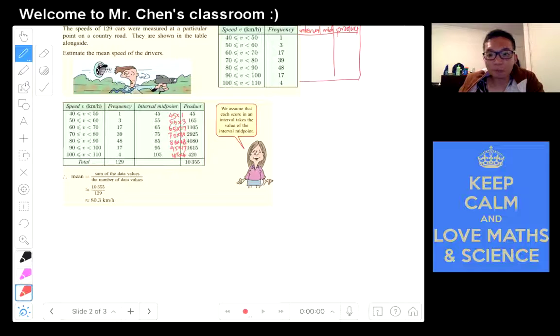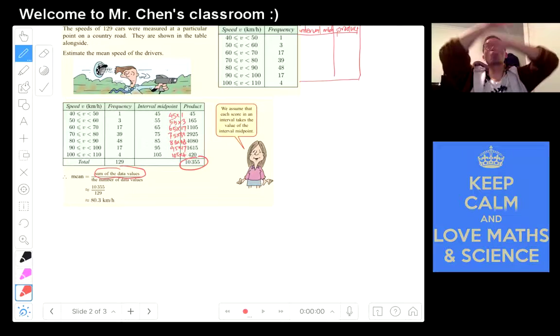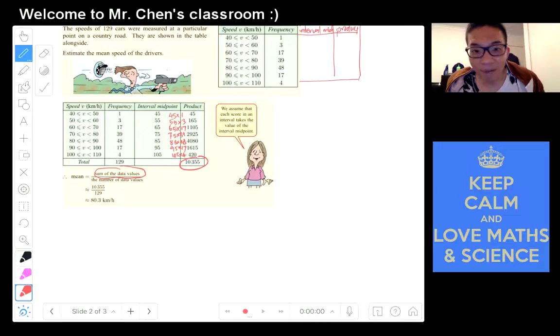And from product, you actually need to add them all up, which is here, sum. So to find mean is actually sum of all data divided by the number of sample size, which in this case is 129. So it's pretty easy.